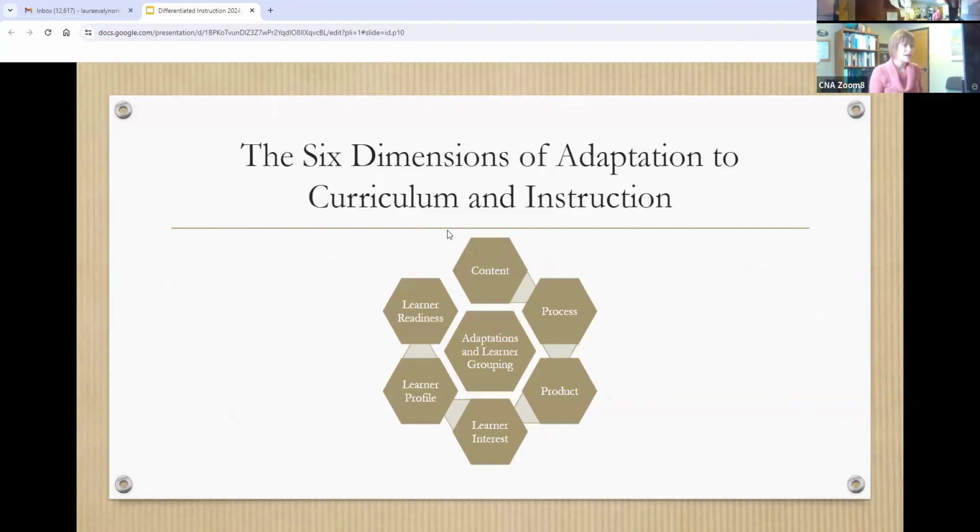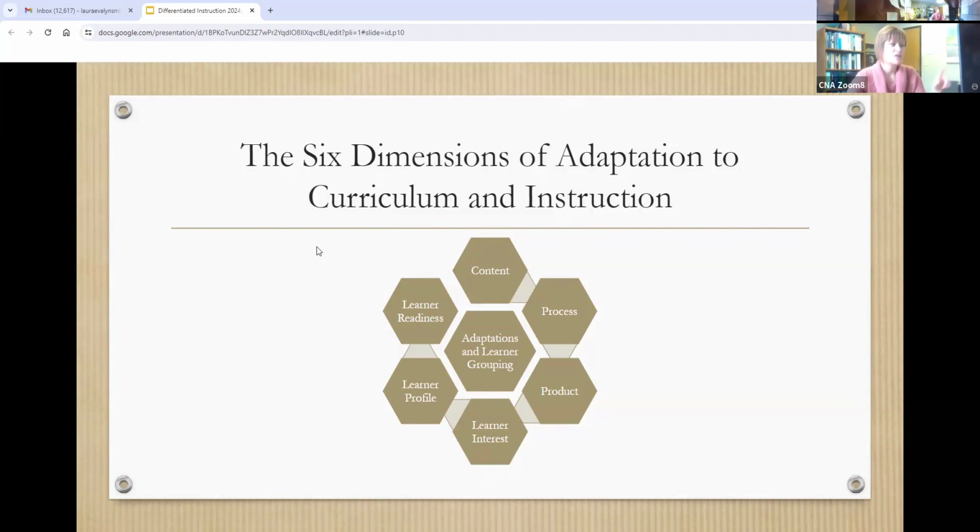Here is one nugget of research from that TEAL fact sheet given to us through the American Institutes for Research. And this alludes to differentiated instruction being the instructor's response to learner differences through adaptation of curriculum and instruction based on these 6 dimensions.